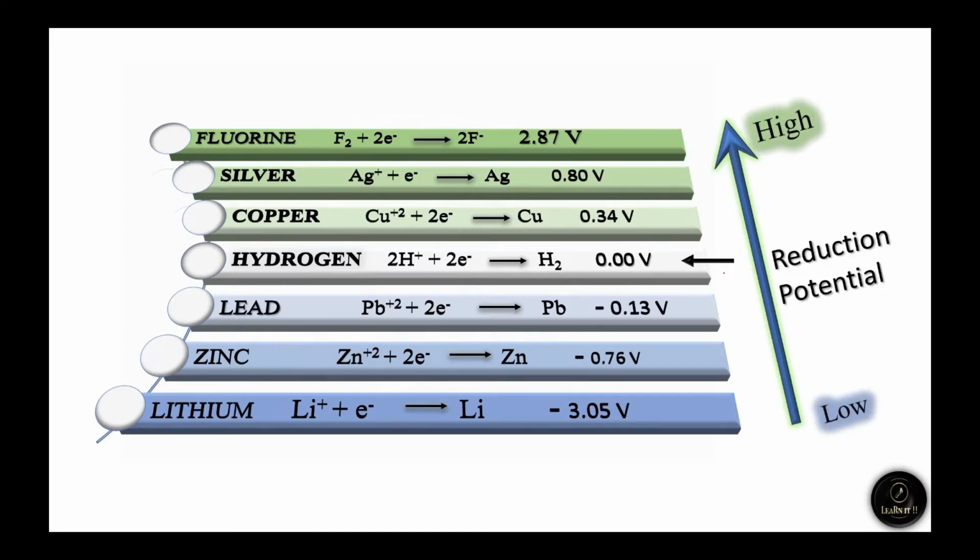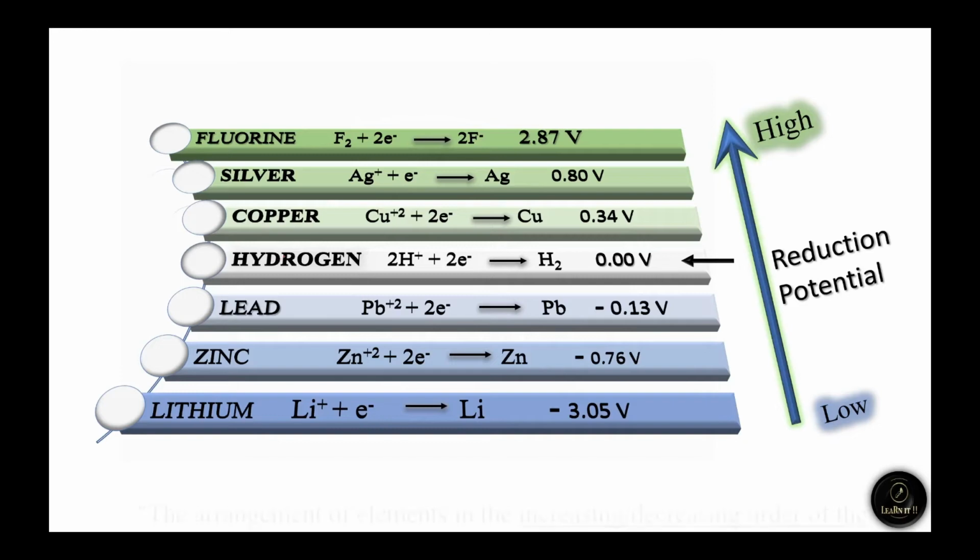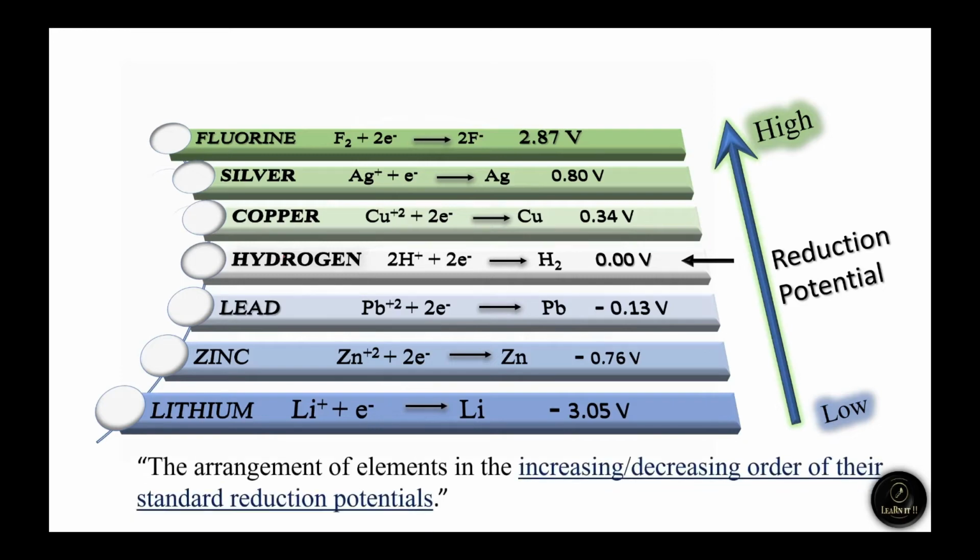So we get a list. Here the elements are arranged in the increasing or decreasing order of their standard reduction potentials.